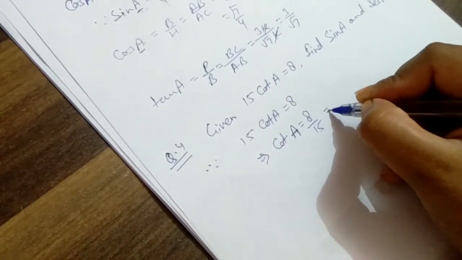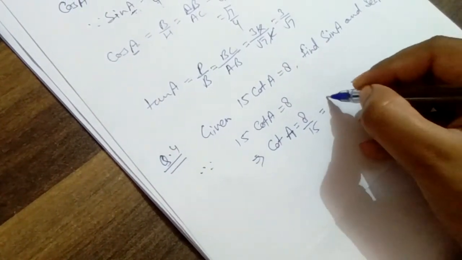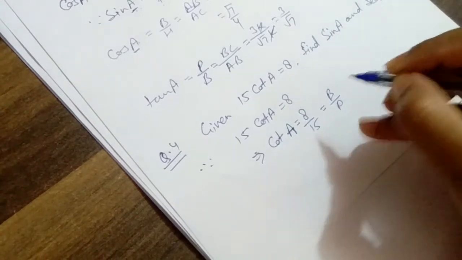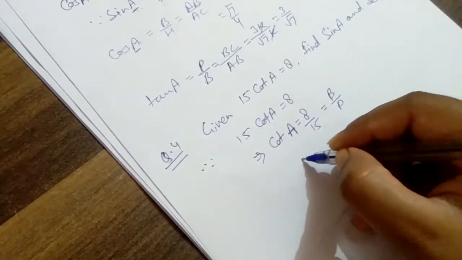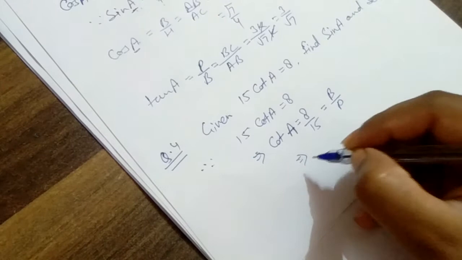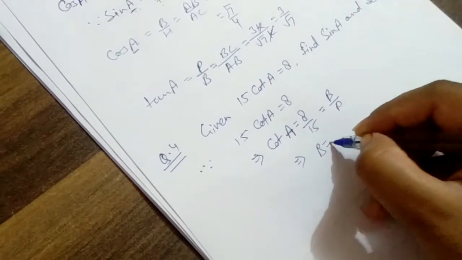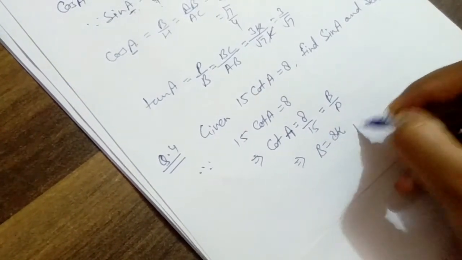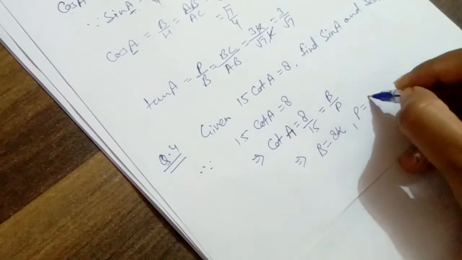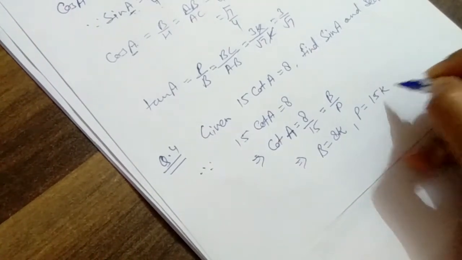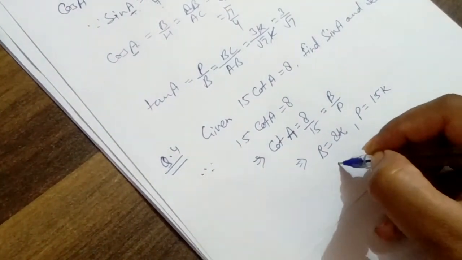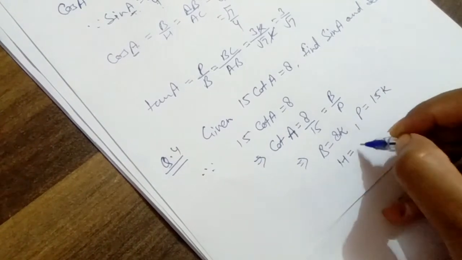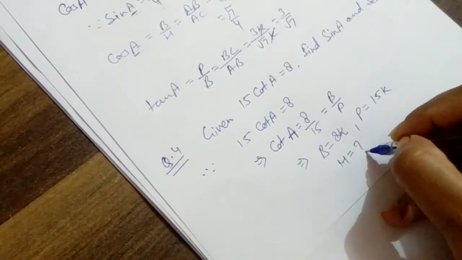cot A is equal to 8 upon 15 as given. According to the P, B and H formula, cot theta is equal to base upon perpendicular. So by relating these two ratios, we can have base equal to 8 and some constant k, and perpendicular equal to 15 and some constant k. Now our work is to first calculate the hypotenuse for that right angle triangle.